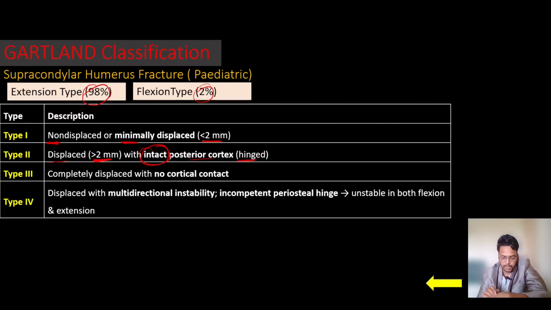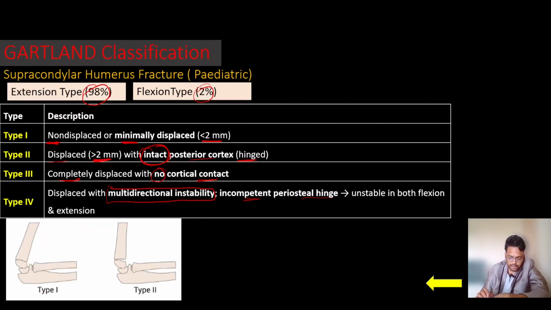Type 3 is completely displaced, there is no contact with the cortex. Type 4 is displaced but it has multidirectional instability and incomplete periosteal hinge. It is unstable in both flexion and extension. This is type 4 of Gartland.